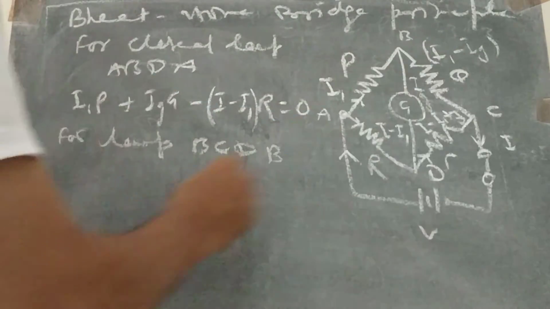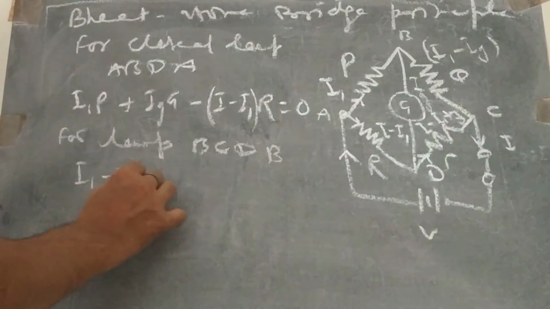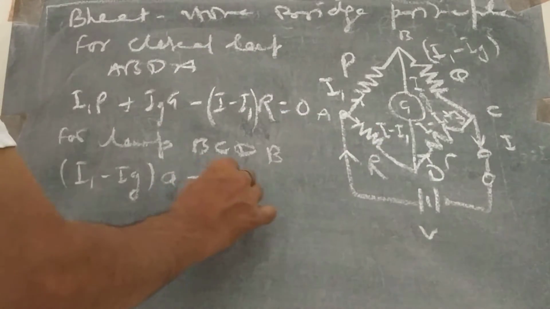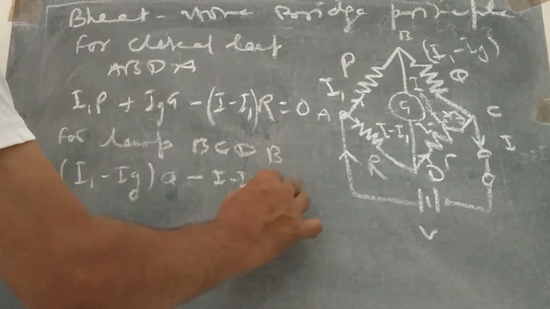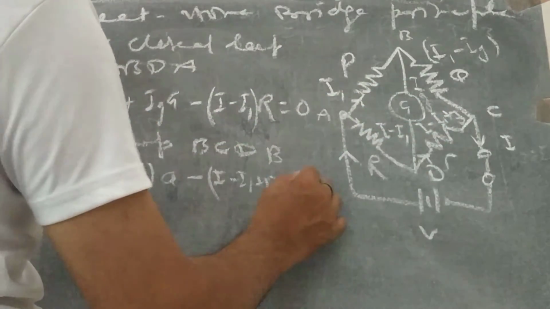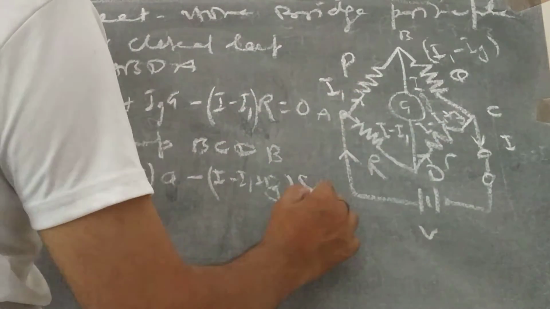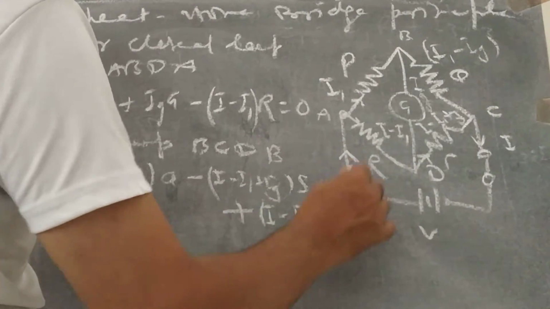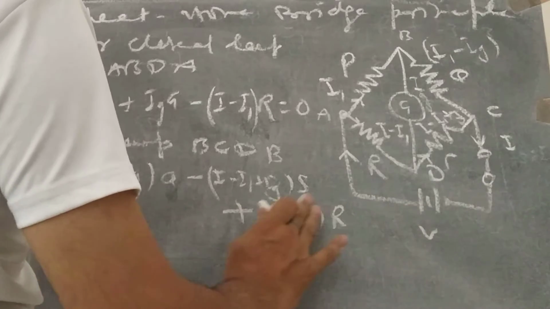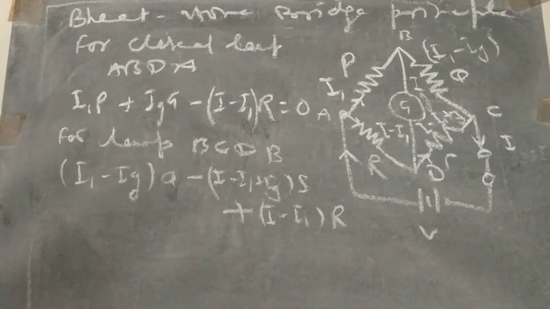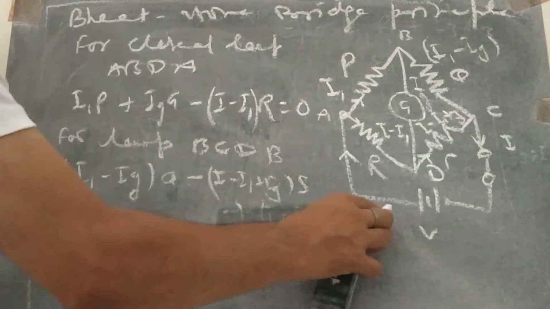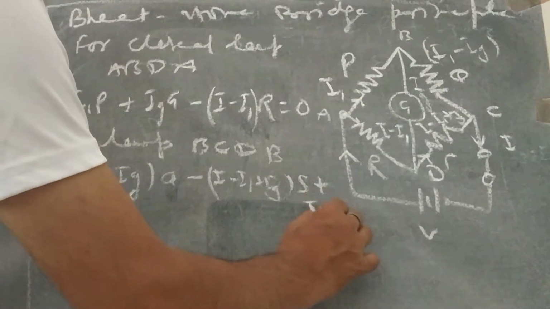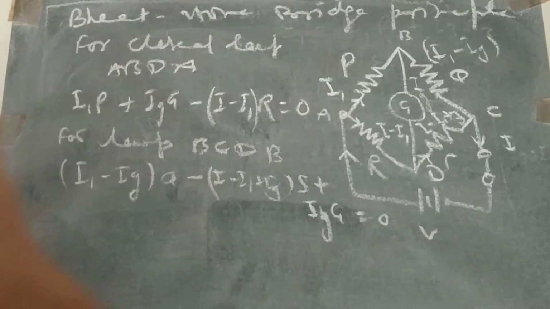Again I1 minus Ig into Q, minus I minus I1 plus Ig into S, plus again here plus I minus I1 into R, Ig into G, like this. Ig into G must be equal to 0.